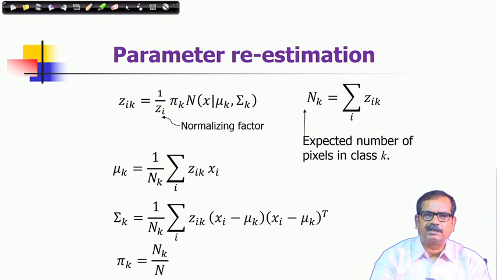You iterate this process, and after convergence, as I mentioned, you assign to a pixel the cluster represented by the Gaussian component to which it has the highest likelihood. This is how the mixture of Gaussians method could be used for clustering.